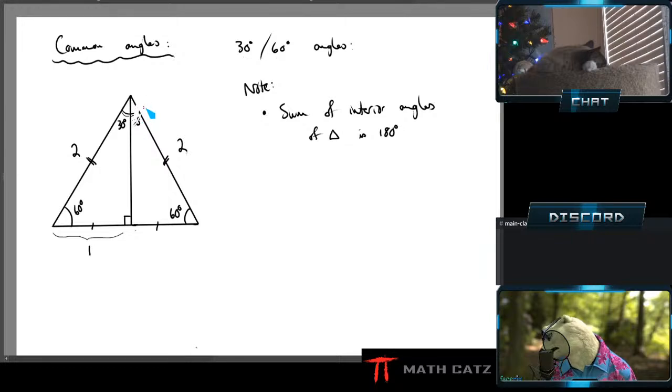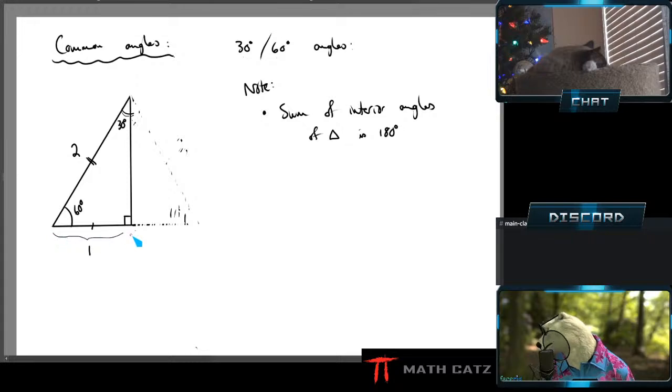Then when I erase this, I have a triangle that has easy side lengths to work with. I know I'm not erasing it very well, but it's done on purpose. So this triangle has a hypotenuse of side 2, whatever units, I don't care.